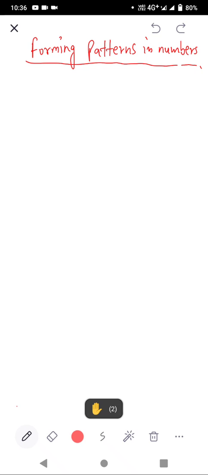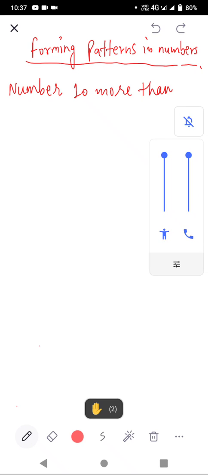So students, we can make a pattern in numbers by changing the digits in the number. In this we are going to learn what number we get after adding 10.